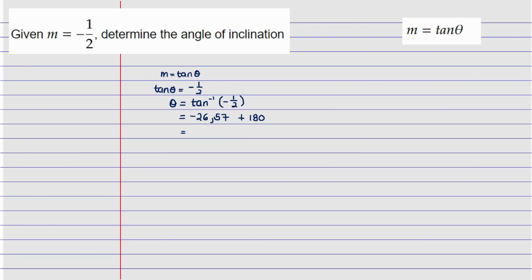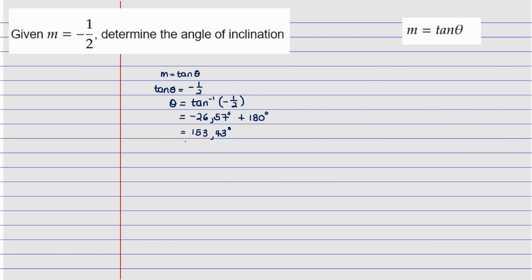So it's going to be negative 26.57 plus 180, right? So your answer here is going to be 153.43 degrees. Remember, for a negative angle of inclination, you always add 180 to get a positive, right?